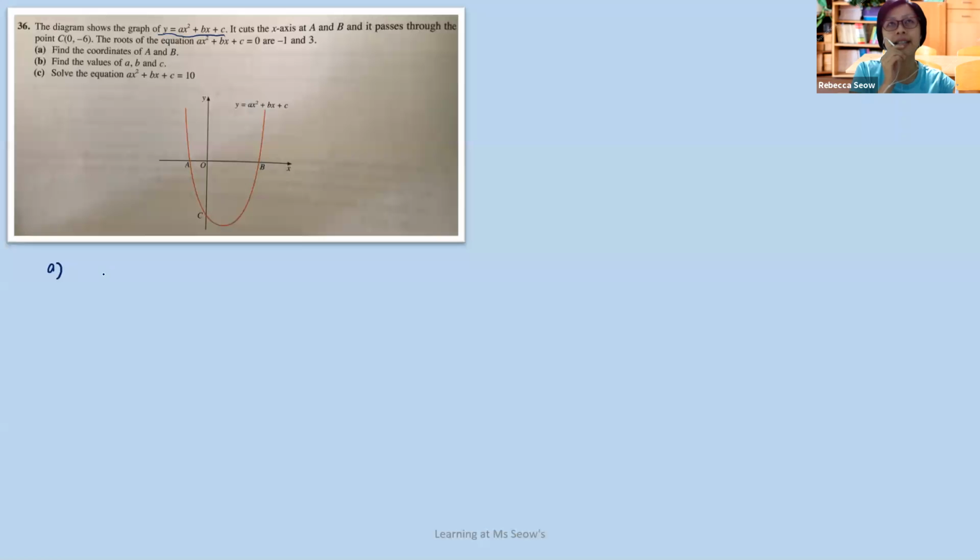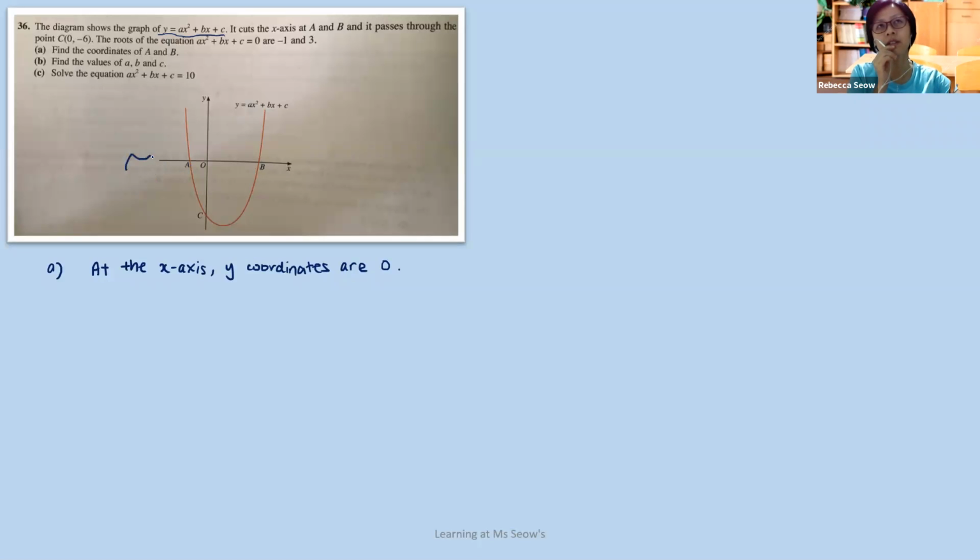And it cuts the x-axis at A and B. Now, when a graph cuts the x-axis at A and B, this means that the y-coordinate is 0. So I will just put a note down: at the x-axis, y-coordinates are 0.